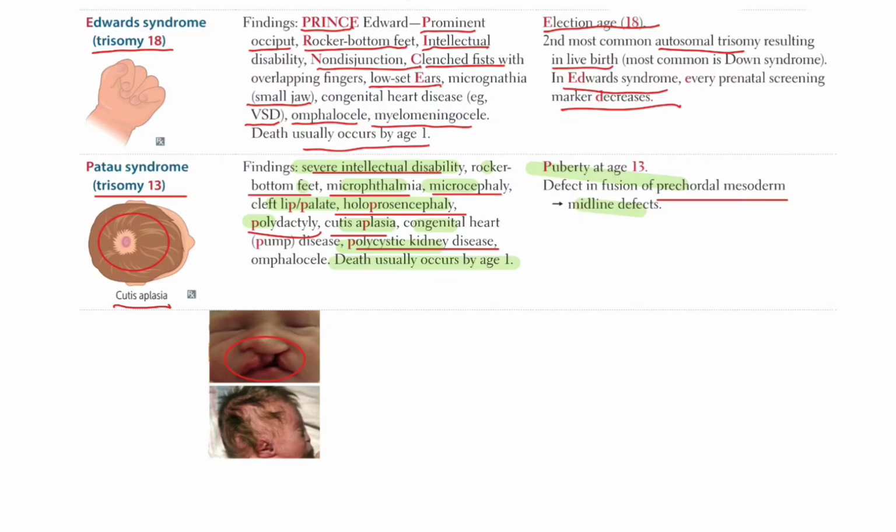Omphalocele, and death usually occurs by age 1 in Patau syndrome. So how will we remember Patau syndrome? Puberty at age 13. P for Patau syndrome and 13 for trisomy 13. Defect in fusion of prechordal mesoderm leads to midline defects. So these are Patau syndrome.